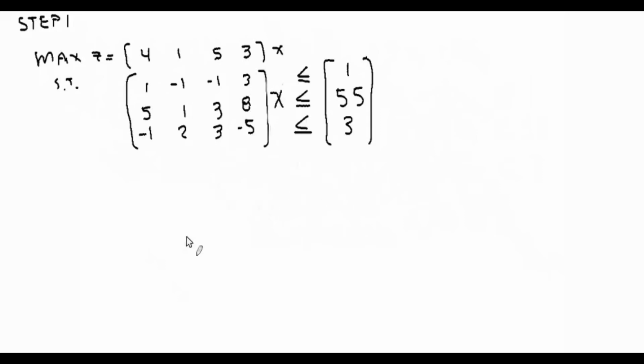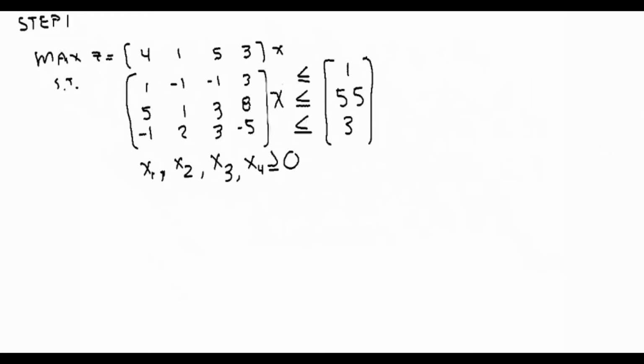Now, the next thing we do is explicitly write down x sub 1, comma, x sub 2, comma, x sub 3, comma, x sub 4, and all of these are in fact non-negative. They're greater than or equal to 0. So that's our LP in what I call pseudo-matrix form.